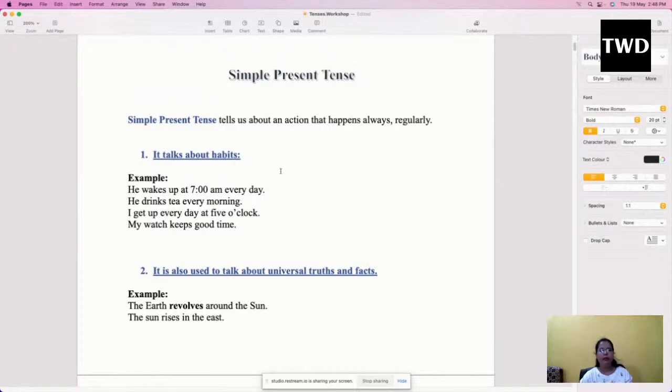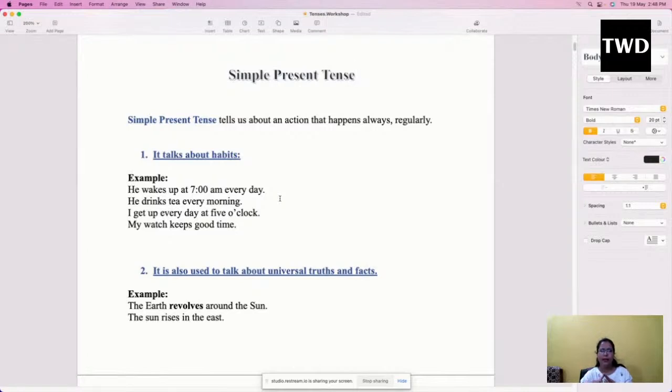Say for example, when we talk of our regular habit, he wakes up at 7 a.m. every day. So here, under simple present tense, we do not need any kind of helping verb to frame the sentence.